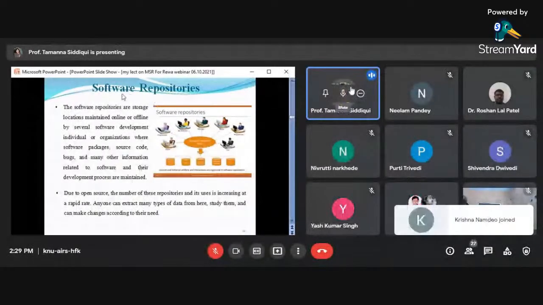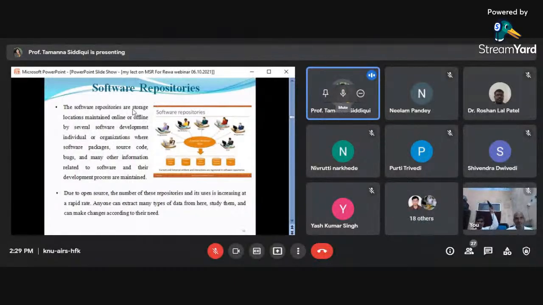Now let me talk about the software repository, because my topic is mining software repositories from a software measurement perspective. So you should know about the software repository. Software repositories are storage locations. In the diagram, you can see the different types of repositories and the different types of users: clients, testers, managers, programmers.